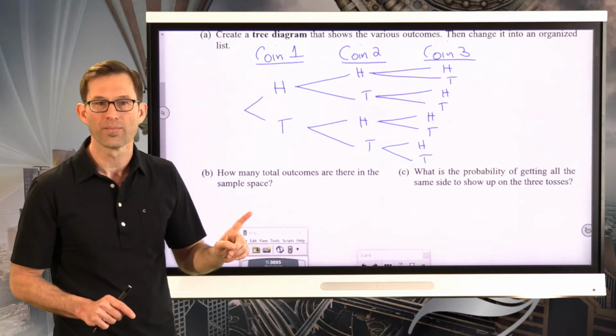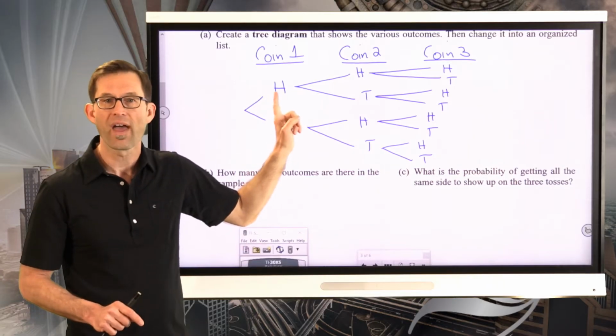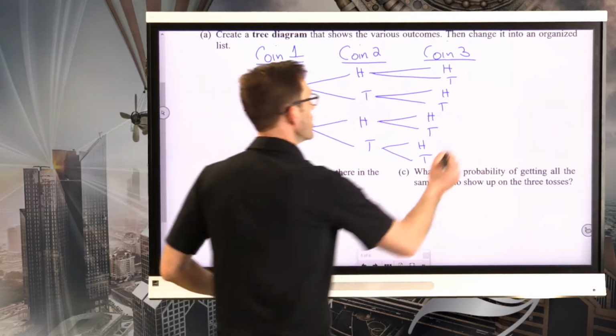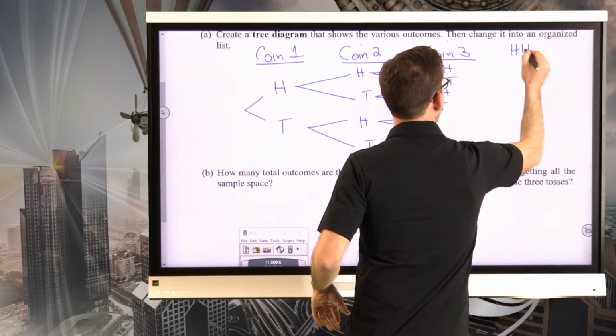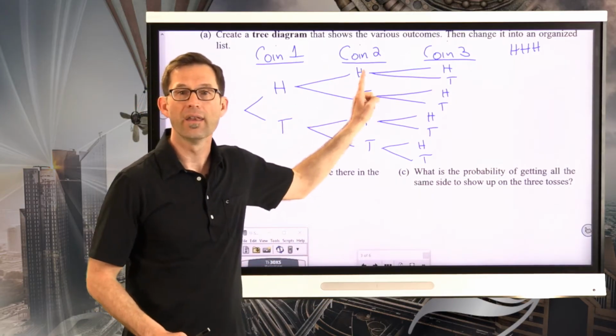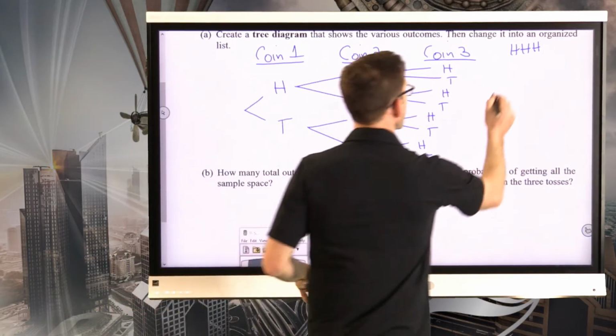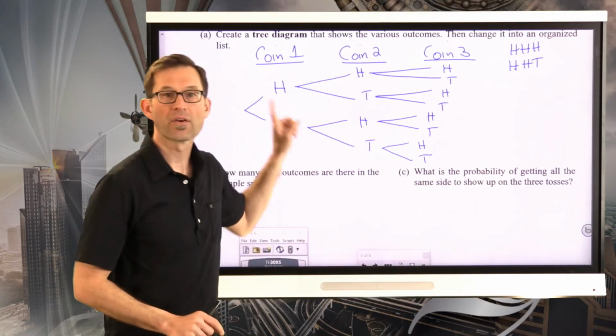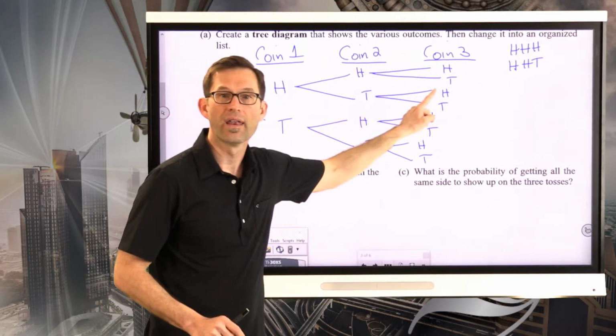Well, I have to be careful. Let's start with a head on coin 1. I can have a head, and a head. Then I could have a head, and a tail. Then I could have a head, a tail, and a head.